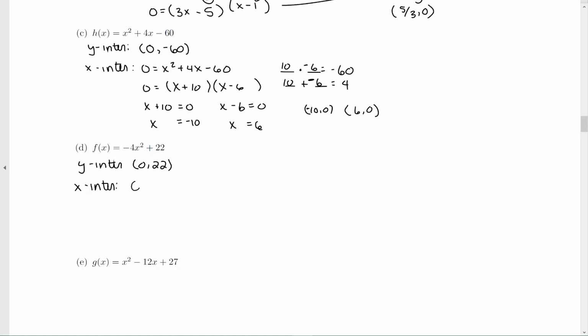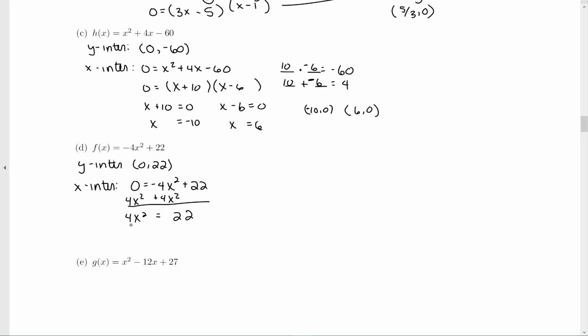I'm going to let y equal 0, but I'm not going to be doing the factoring that I did before. Since there's only one x term in the problem, I'm going to get it by itself. So I'm going to move the negative 4x squared to the other side of the equation by adding it to both sides, coming up with the equation 4x squared equals 22.